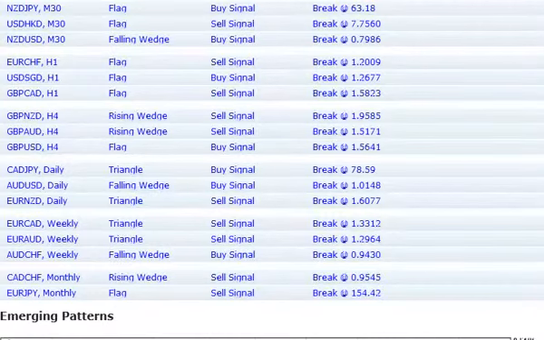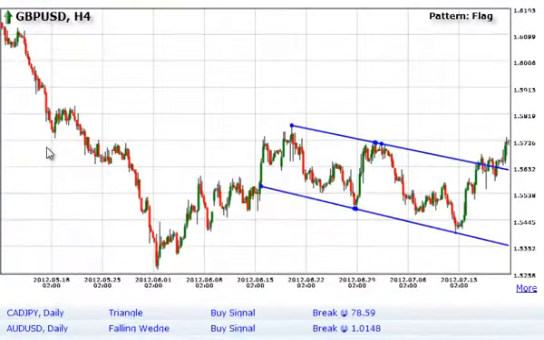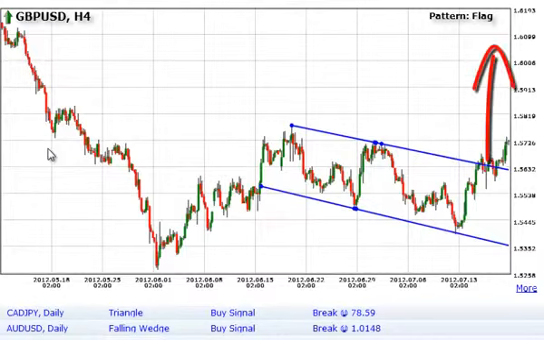Unlike emerging patterns, completed patterns can be accepted as trading signals. For example, let's click on the link. And here we see the flag pattern. The price has broken through the trend line and it's likely to continue moving this way, often with some pullback.